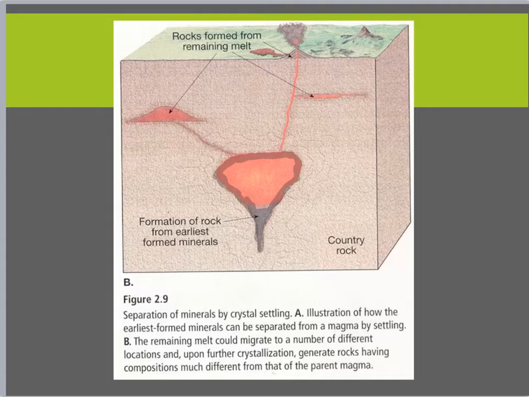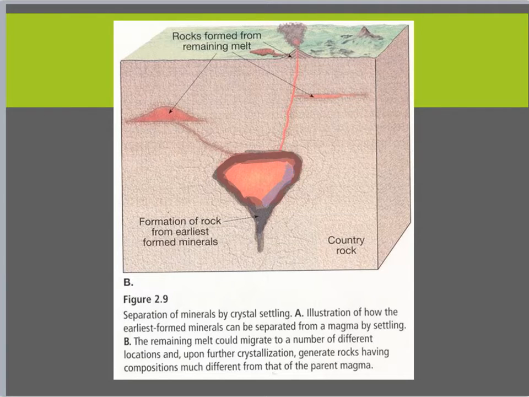These would be rocks like olivine or pyroxene, or rocks that are high in calcium plagioclase, for instance. As this magma continues to cool, we would form rocks that are lower on Bowen's reaction series.